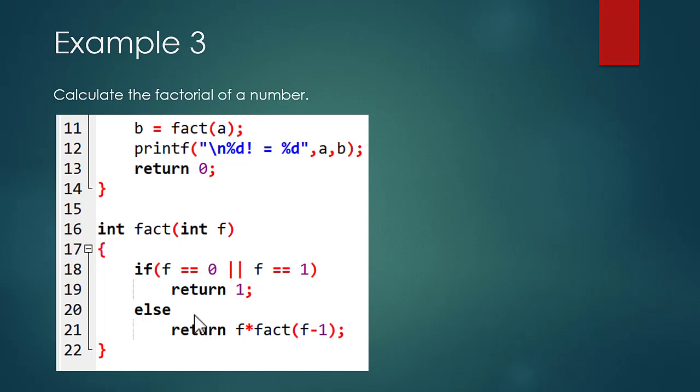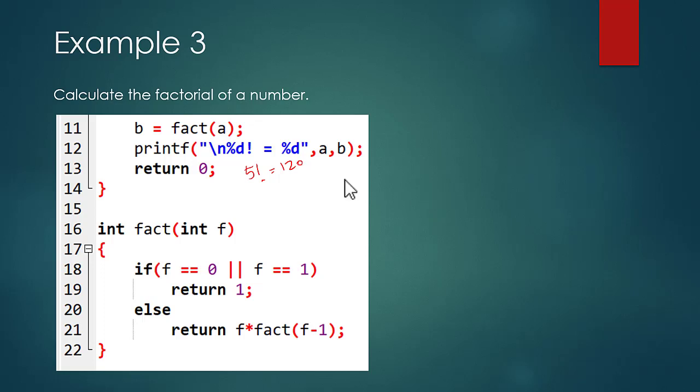So the function return type is integer, and it is taking an integer as an input argument. Now the printf statement will be like, suppose the value of a is 5, so it will print factorial 5 is equal to 120, if my code is correct, or if I have logically implemented that one.